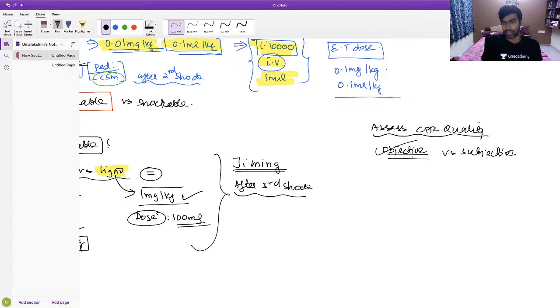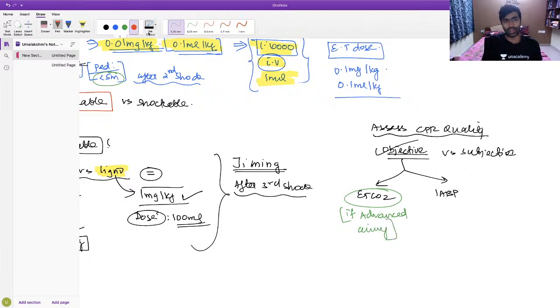As far as objective assessments are concerned, one is the ETCO2, and the second is the intra-arterial blood pressure. Remember, ETCO2 can be measured as soon as the advanced airway is placed. Once you have an advanced airway, ETCO2 can be measured pretty easily, which is also very good.